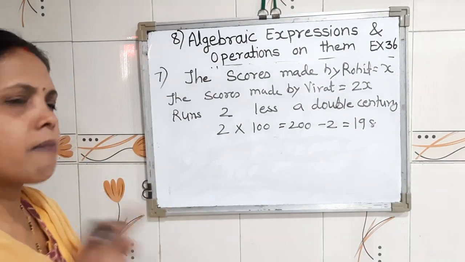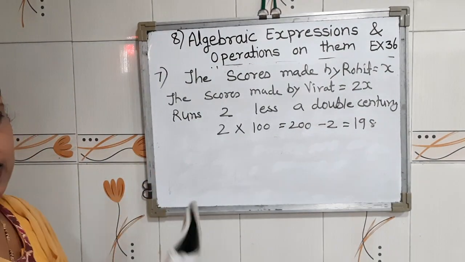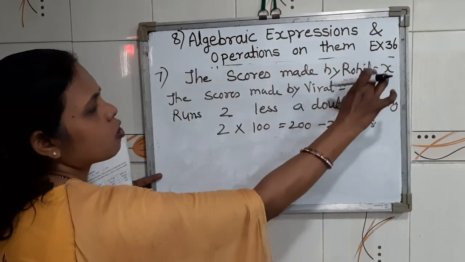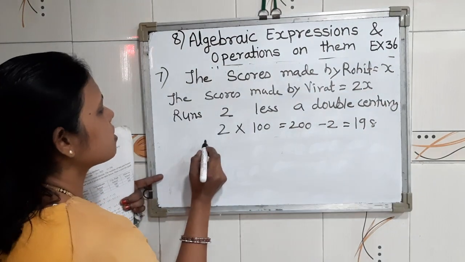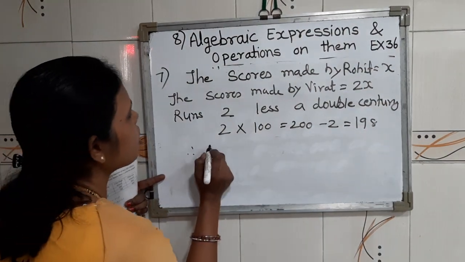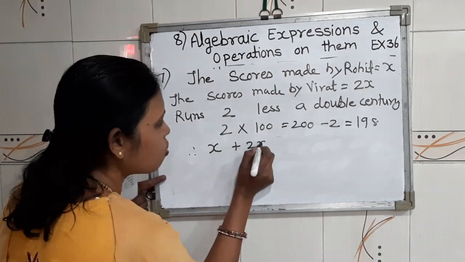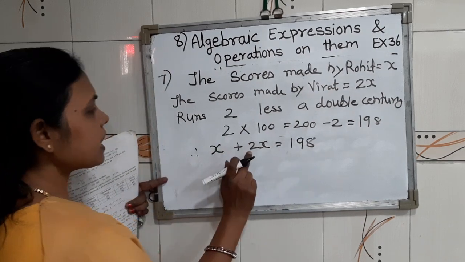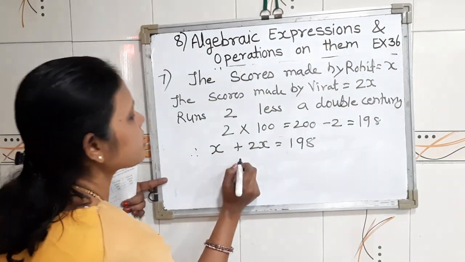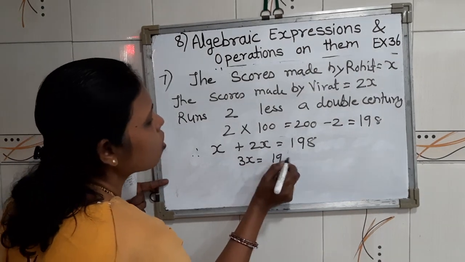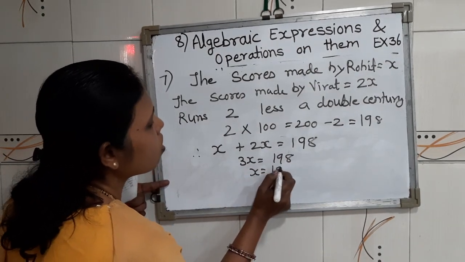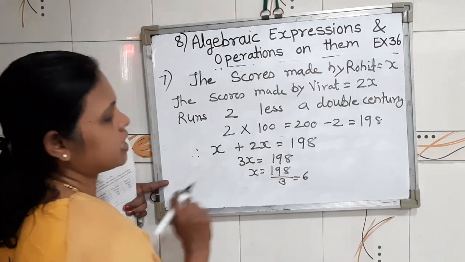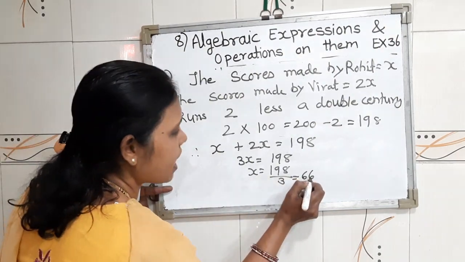Both of them, Rohit and Virat, made 198 runs. Therefore, according to our question, x plus 2x equal to 198. Then 3x equal to 198, x equal to 198 upon 3. 3 6 ja 18.